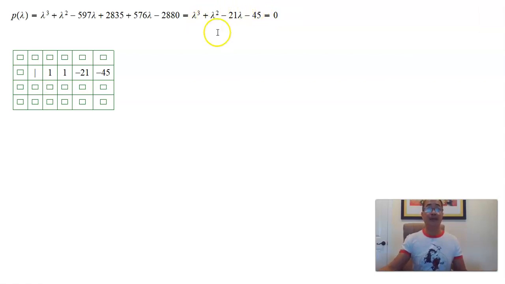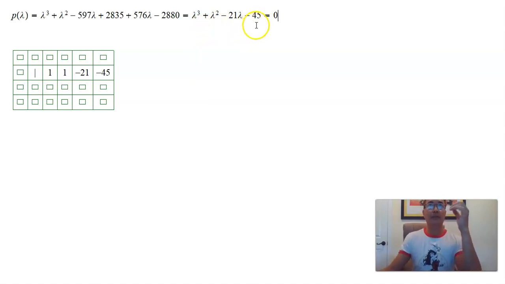Or you can graph that polynomial and eyeball the roots and see if they actually work. I'm going to give you a review of synthetic division, and we are going to use that to find the roots of this characteristic polynomial.